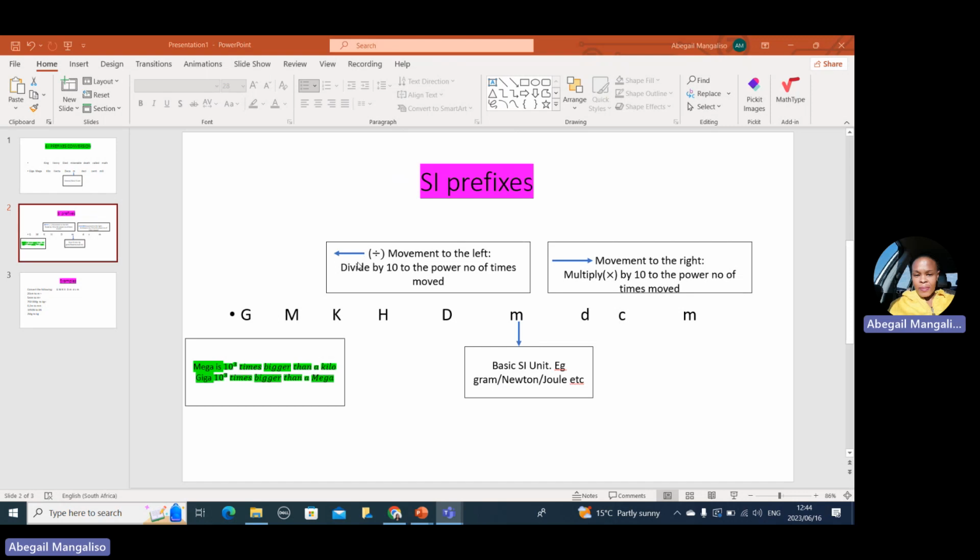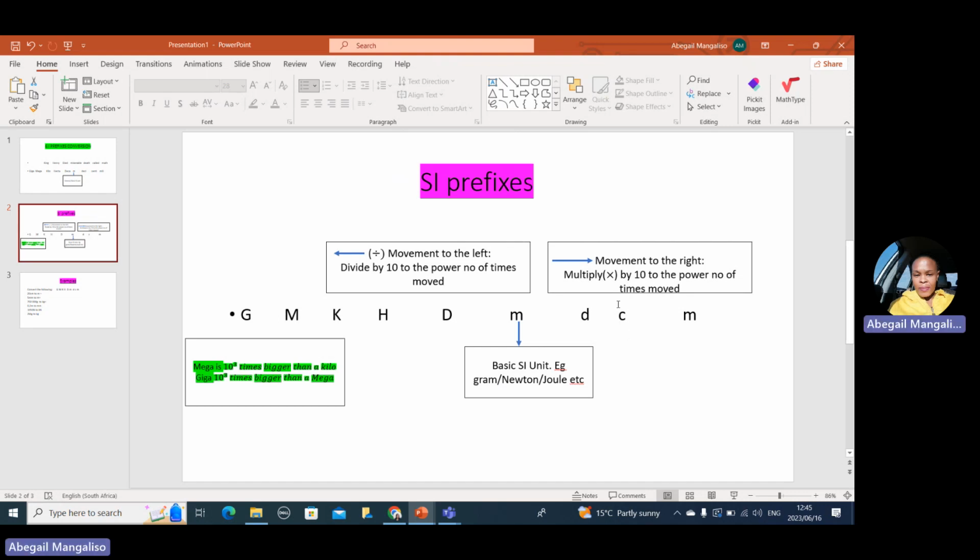If you move to the left, you divide by 10 to the power number of times moved. The exponent is positive. But if you move to the right, you multiply by 10 to the power number of times moved. For example, let's say you want to change 10 centimeter to millimeter.